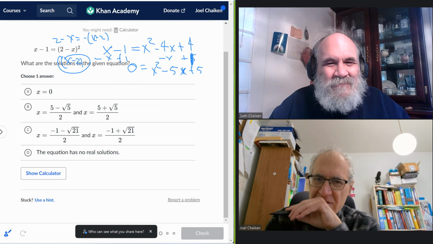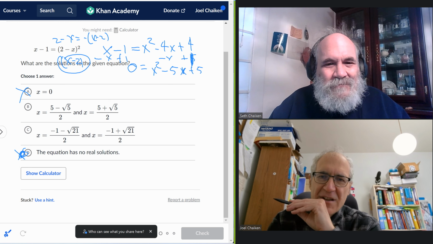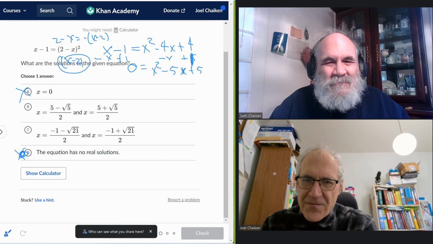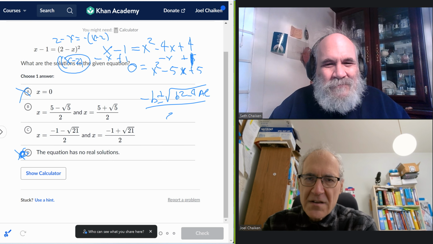Yeah. So then it's not this one. And it's not this. Oh, wait. Maybe this one. Oh, so this may use the quadratic formula, which I think you get on the test. So it's 5. Okay, fine. It's negative b plus or minus the square root of b squared minus 4ac divided by 2a.